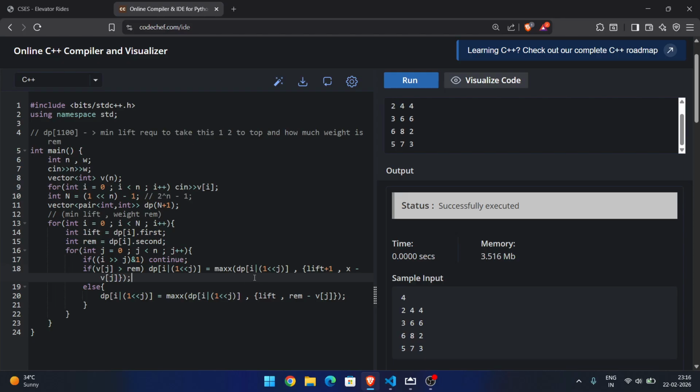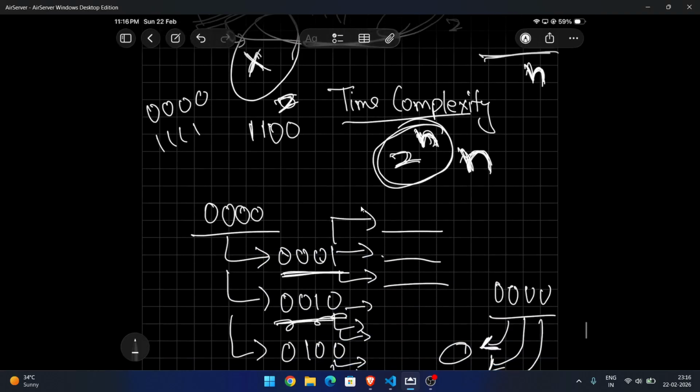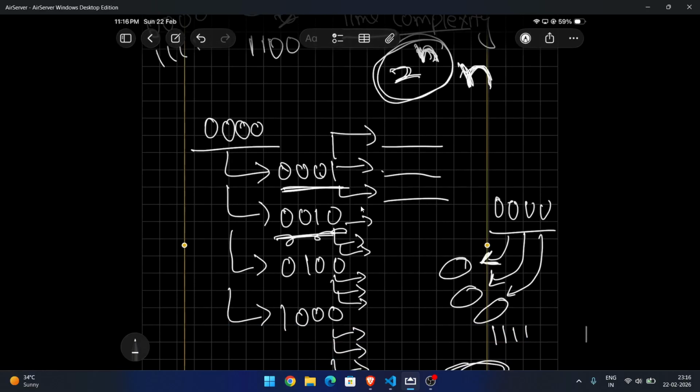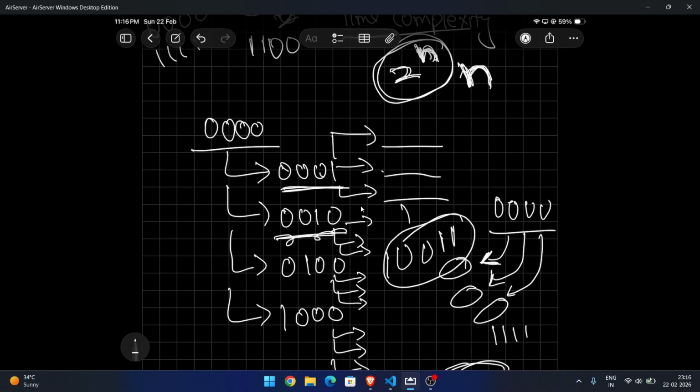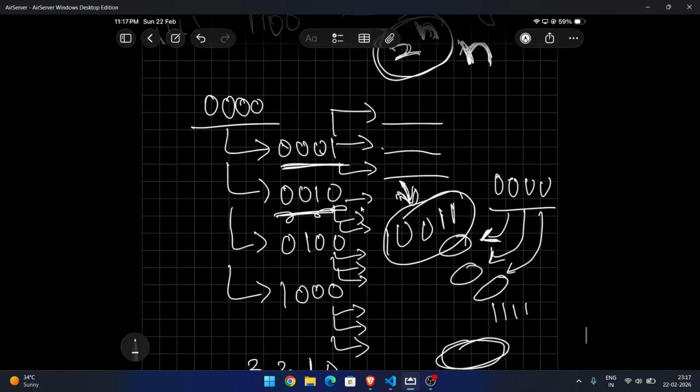Okay, so we are taking max. Why are we taking max? As I said, when we are reaching this position, we want the minimum answer. There were multiple ways to reach here, we have seen in this, but what we want is the minimum answer for this. Okay, so we would be taking the minimum.